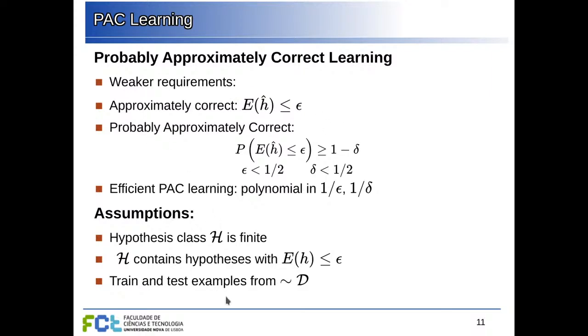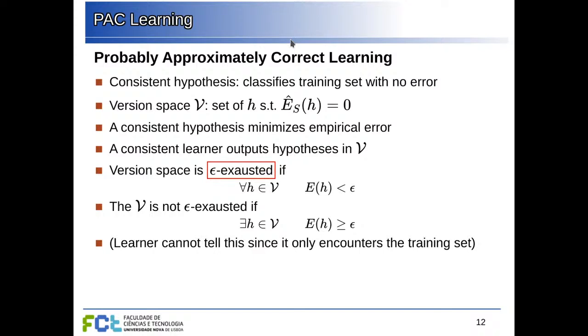And we can train and test from examples taken from the universe with the same distribution. So under these assumptions, let's see where we can get to on the boundaries of our true error, and depending on the size of the hypothesis class, the size of our data set, and so on.